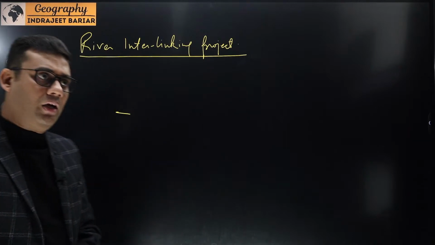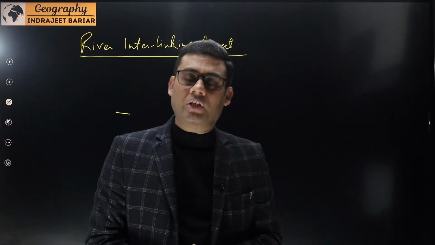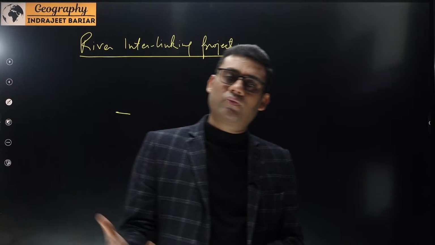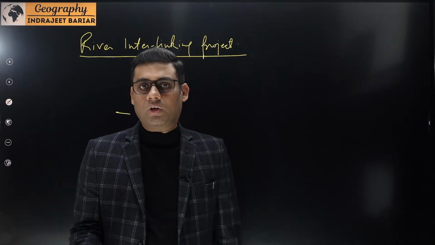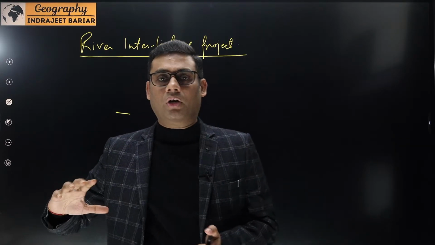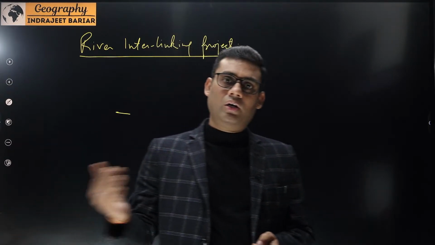And the idea was linking the rivers of the country, basically where the assumption is that some parts of India are water surplus regions, whereas the other river basins are water deficit basins. If that is the case, definitely the idea would be to transfer the waters from water surplus basin to water deficit basin.